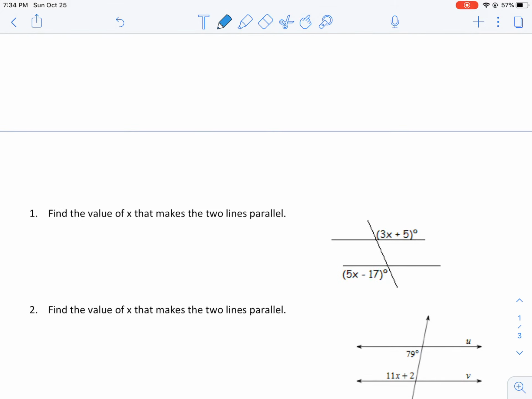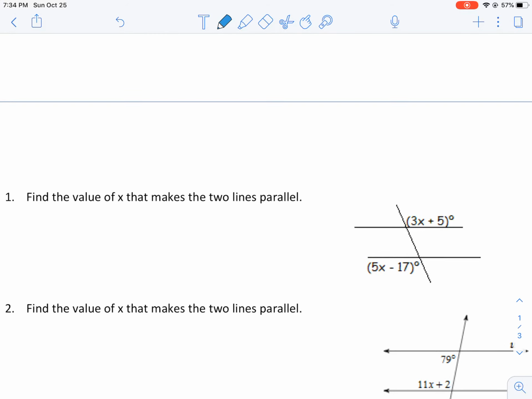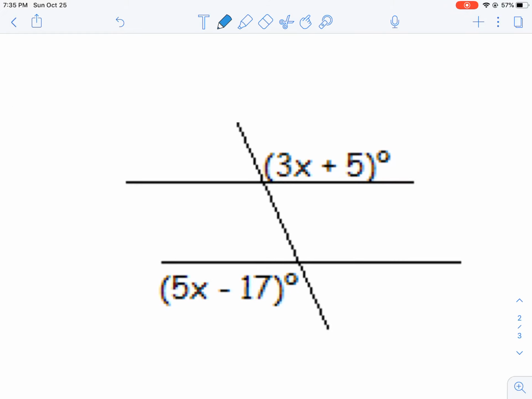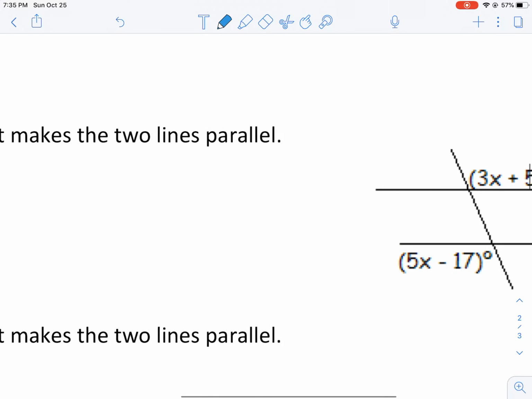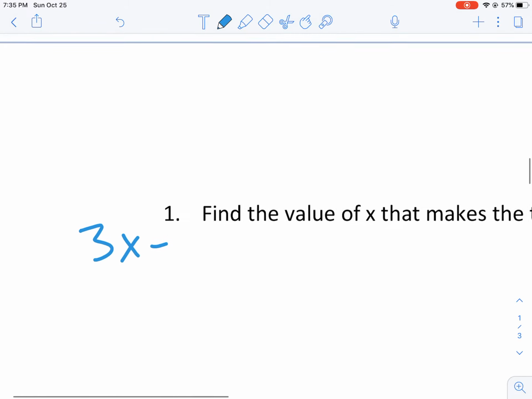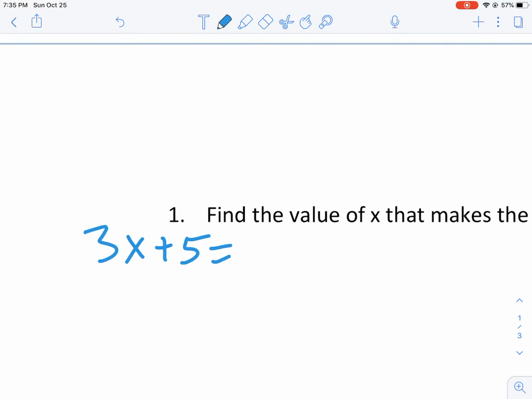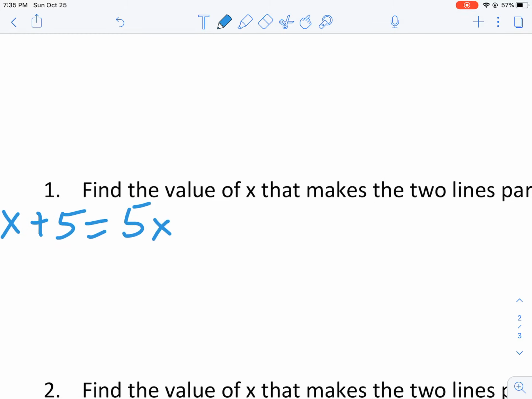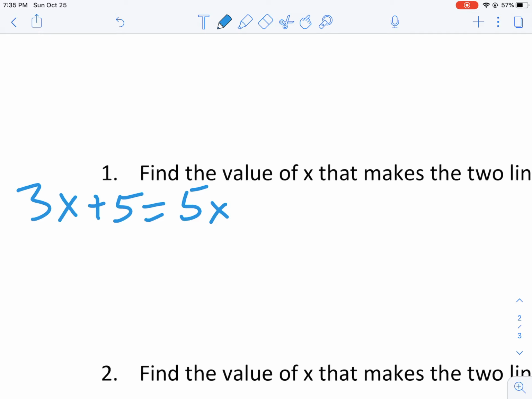We're also going to do some solving for x problems, because this is something that you're going to have to do. The first question says, find the value of x that makes the two lines parallel. We're looking at two angles that are alternate exterior, and we know alternate exterior angles are congruent when lines are parallel. So we want to find the value of x that makes those two angles congruent, so we set them equal to each other: 3x plus 5 and 5x minus 17.